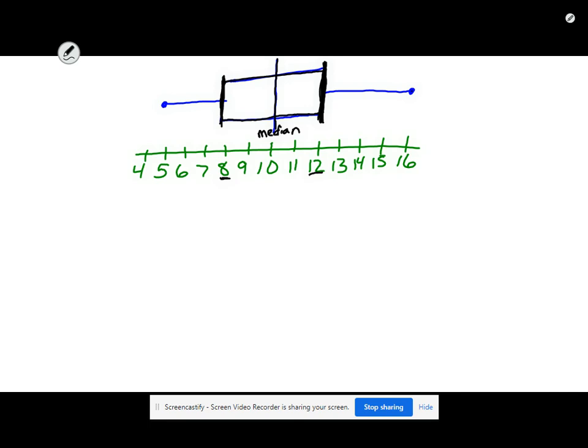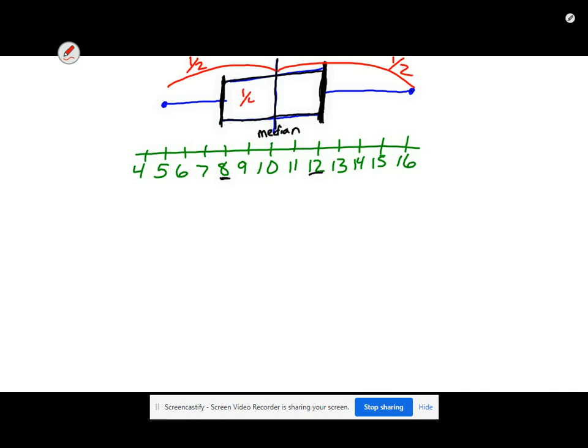So our box tells us the interquartile range. Half of all of our data is here, and half of all of our data is here.